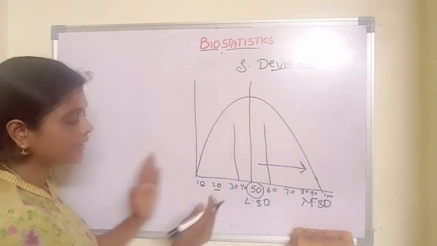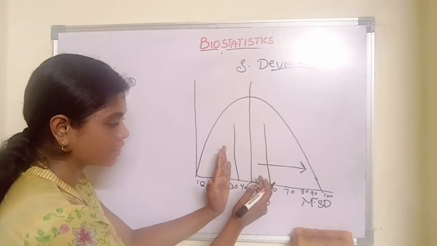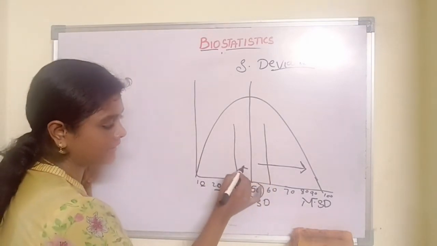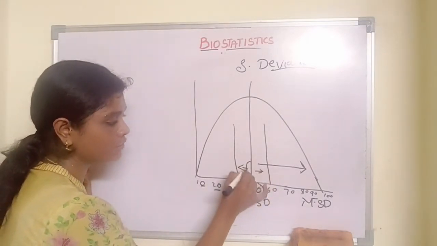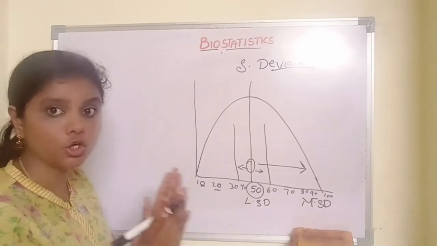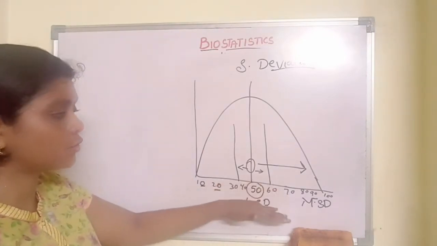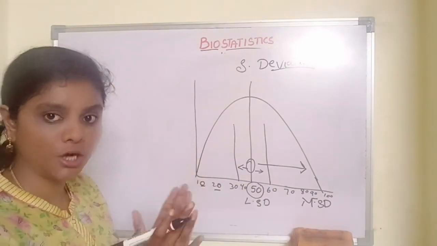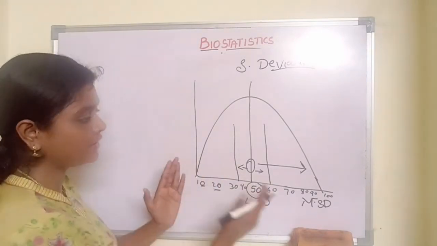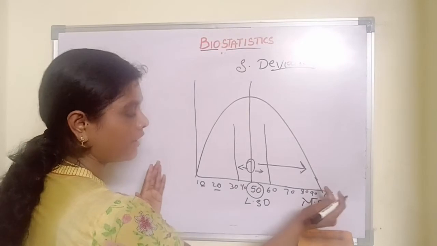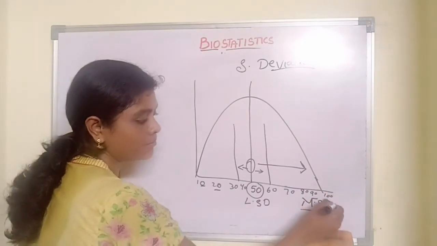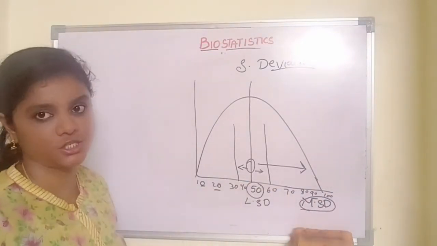So if it is less standard deviation, the data set will be very close to the center, which is more compact. Lesser standard deviation will show greater compactness in the research, and when the values are moving away from the center, it indicates more standard deviation.